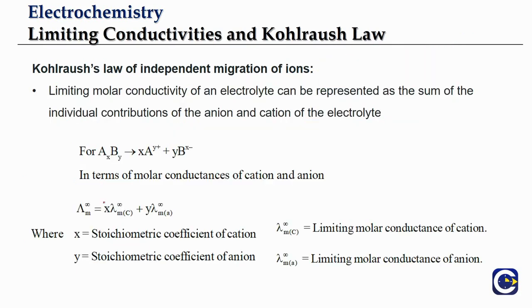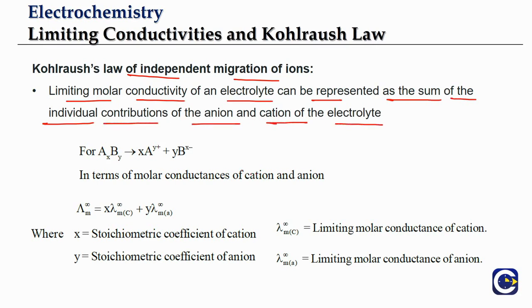Now we look at the Kohlrausch law in terms of the molar conductivity. The same law we can see in two different manners. The limiting molar conductivity of an electrolyte can be expressed as the sum of the individual contributions of anion and cation of the electrolyte. How? If you take a salt like this, A X Y, on dissociation what is it going to give?